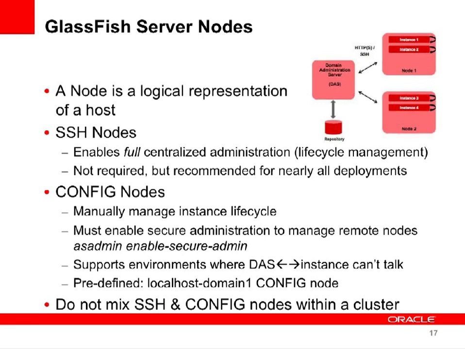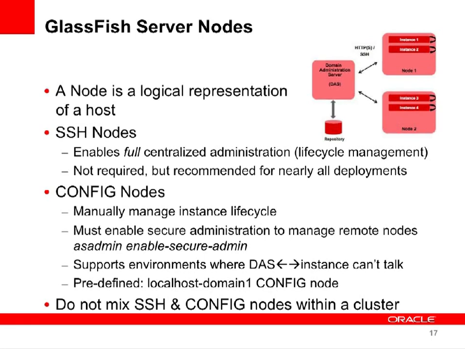And while we expect nearly all users to use SSH-enabled nodes because it really facilitates centralized administration, it's actually not required. For those that don't want to use SSH, perhaps because they have extremely secure environments where they may not even let people use SSH, we have what's called config nodes. With the config node, you manually manage the lifecycle of instances.